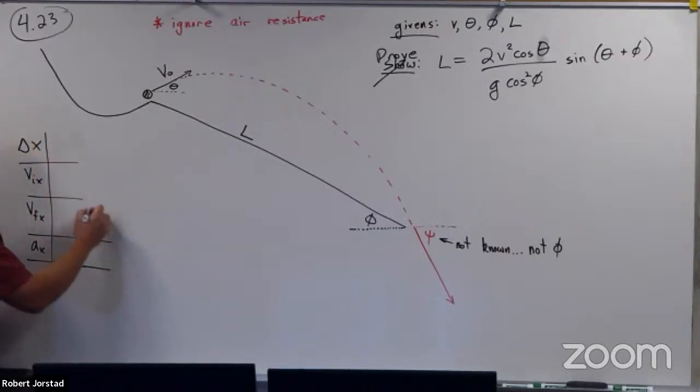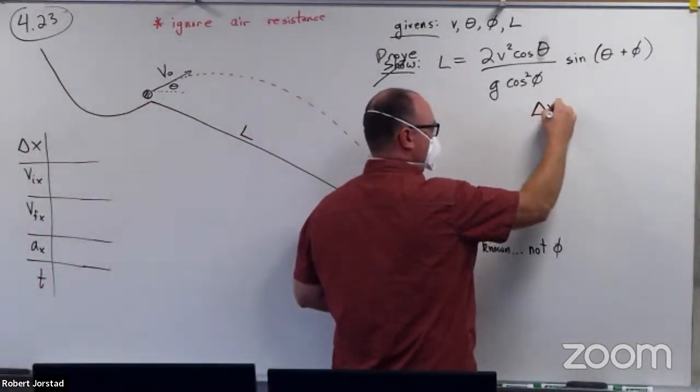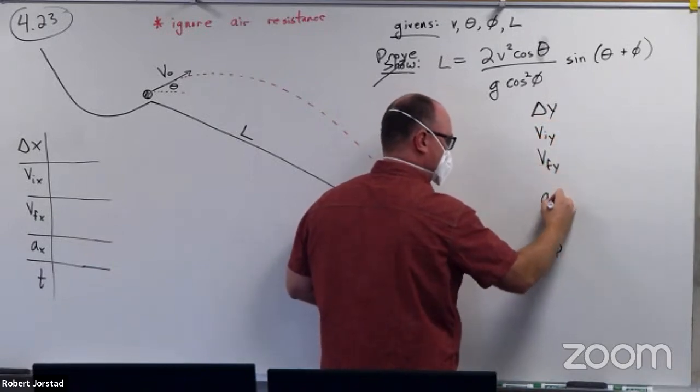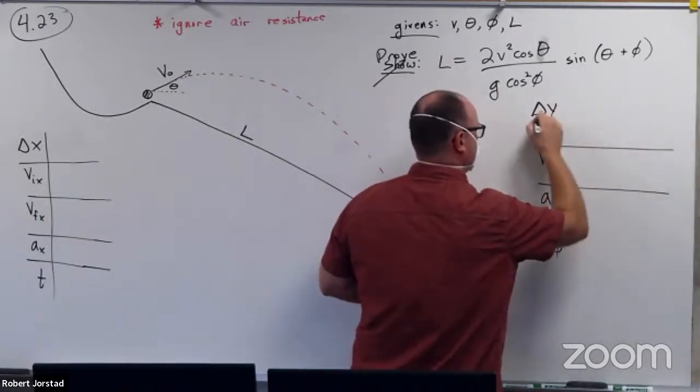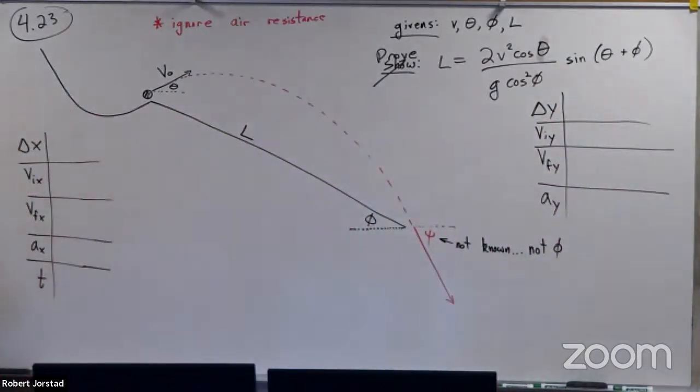All right. And over here, I'll do delta Y. And I don't need to rewrite the time variable because it's the same for both. Agreed? All right.